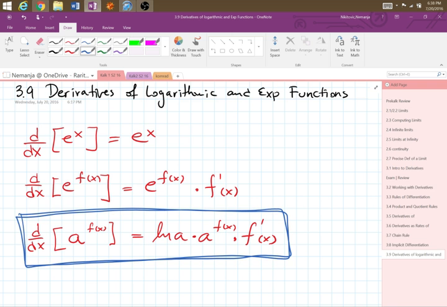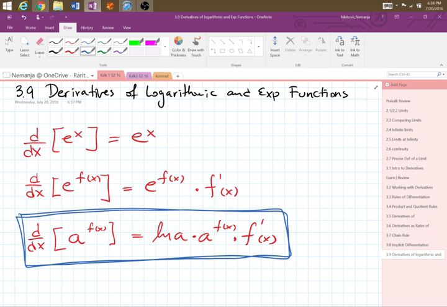Now, we don't have too many applications out there that would use this, right? Because you rarely see 2 to the x or 10 to the x. But e to the x is featured almost everywhere. So we really want to know the first and the second, and we want to know that the third one exists. Now, obviously, it will show up on a test. You should know it, but then most likely that will evaporate.